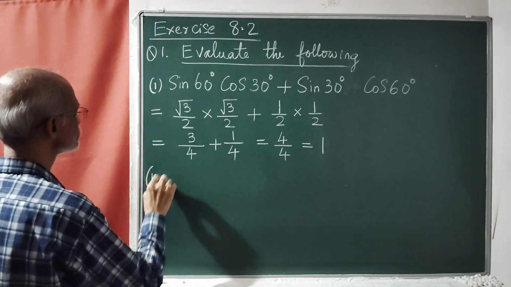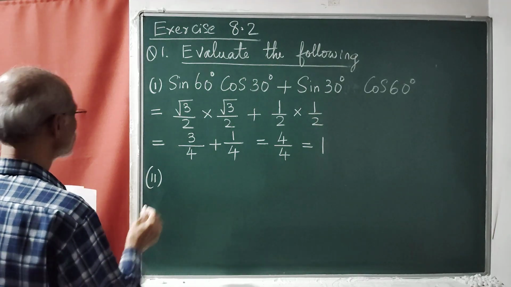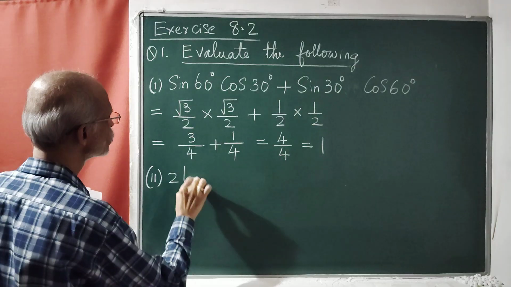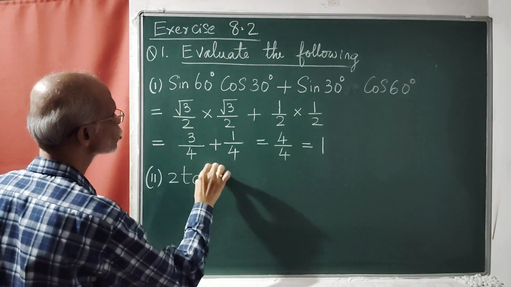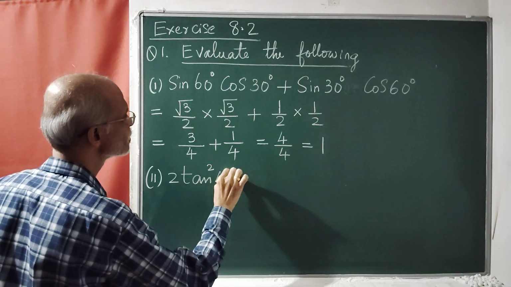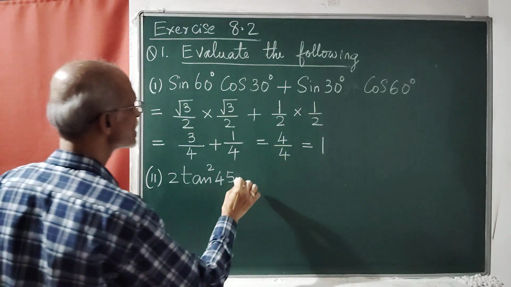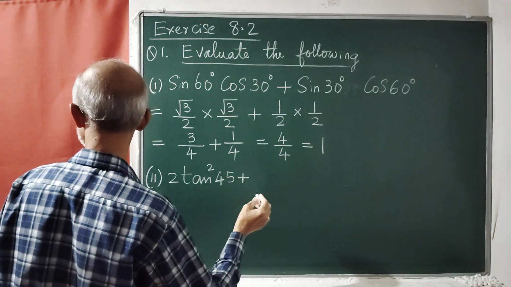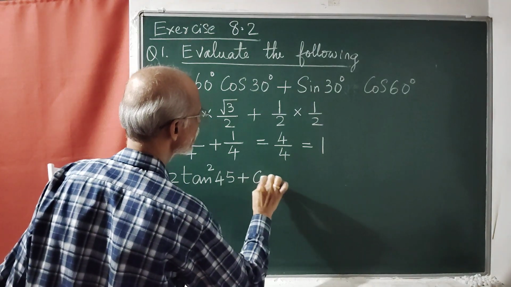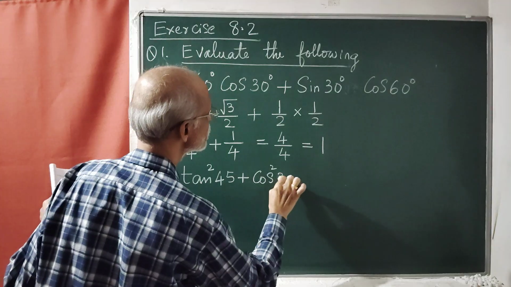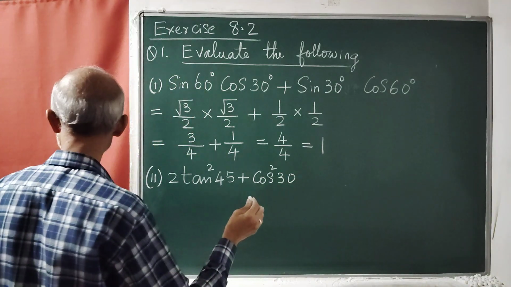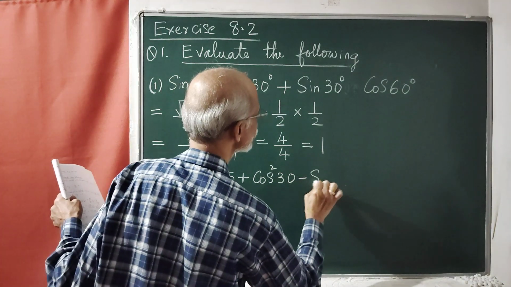Second one, 2 tan square 45 plus cos square 30 minus sin square 60.